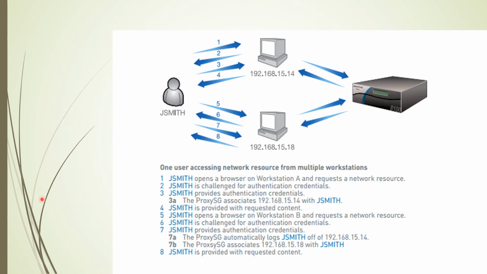Consider this example. Here, one user is accessing the network resource from multiple workstations. This is workstation A and this is workstation B. Initially, in step one, JSmith opens a browser on workstation A and requests a network resource.